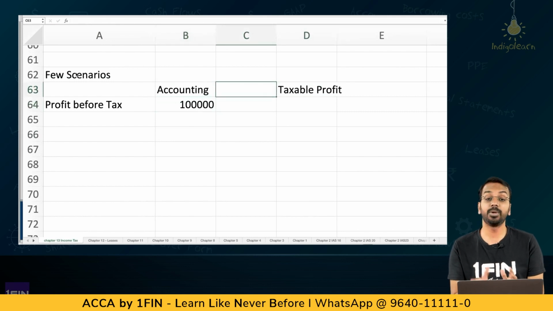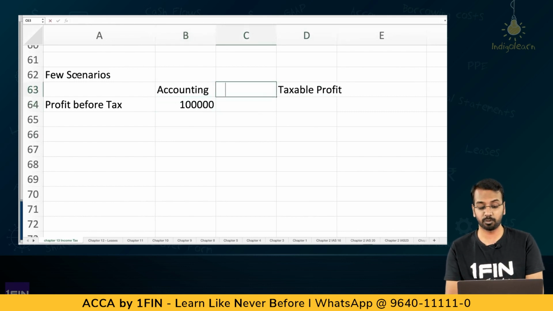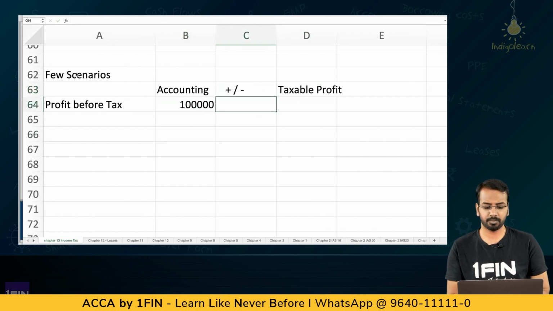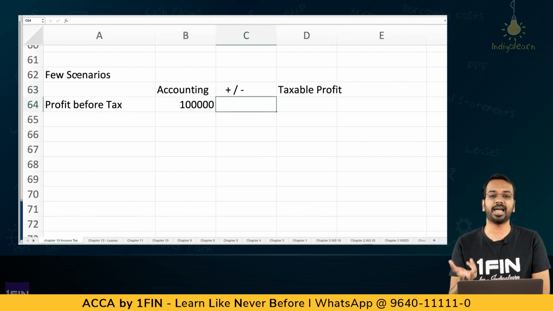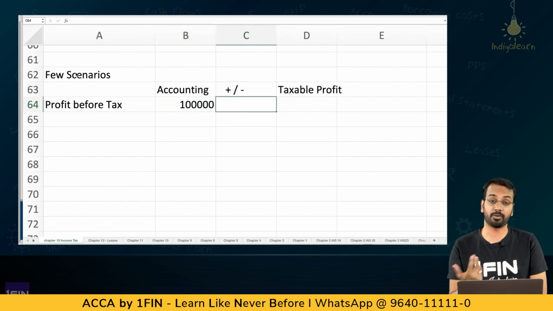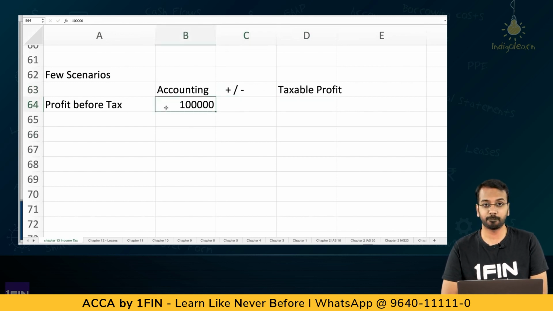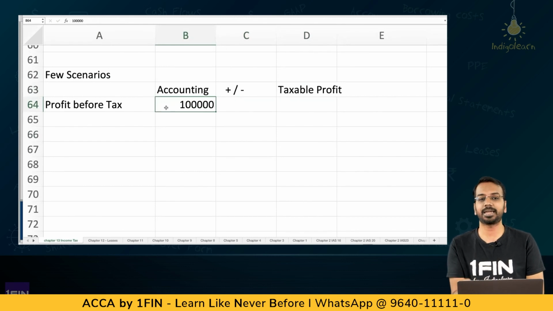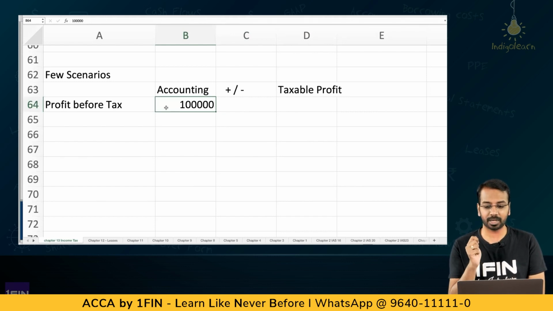Between this accounting profit and taxable profit, there would be some adjustments, which you understand as part of the relevant tax laws of the country you would be working for, correct? Now, profit before tax is 100,000. It is not always necessary that income tax would be paid on 100,000, right? There could be multiple scenarios. One of them, which we have understood, is depreciation. The other one that we will be understanding now is some other differences called permanent differences.